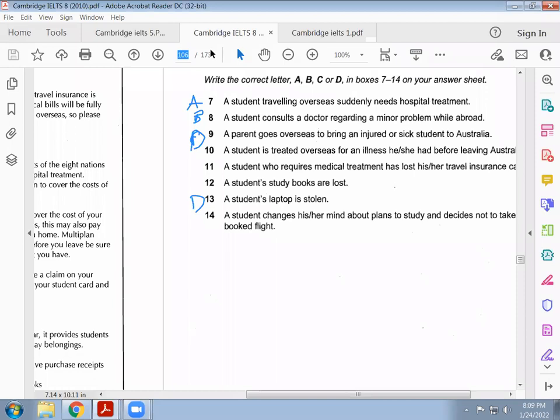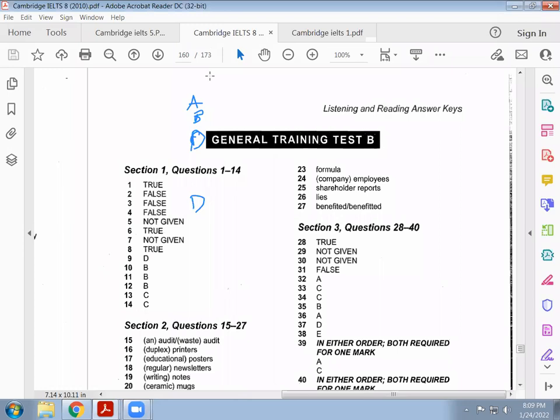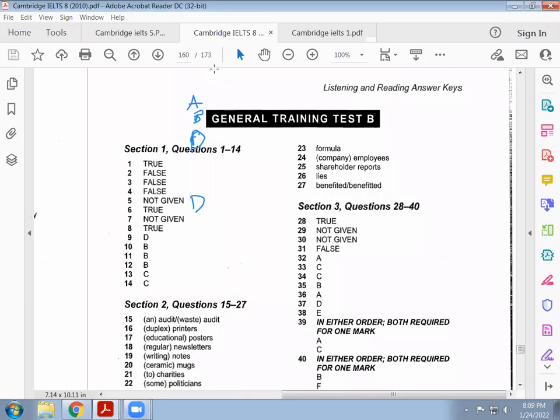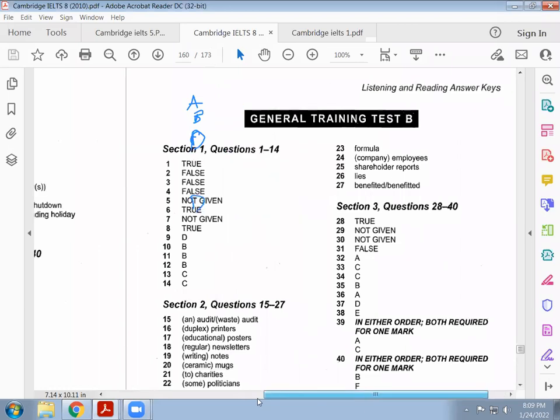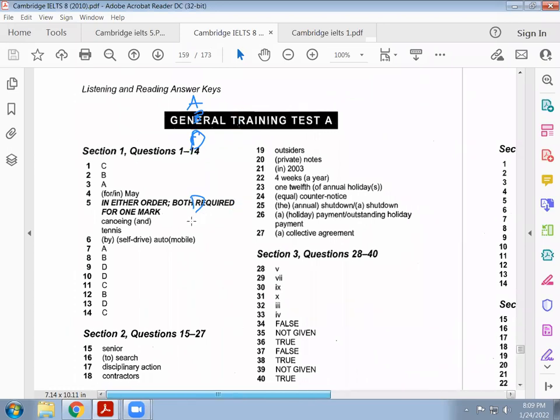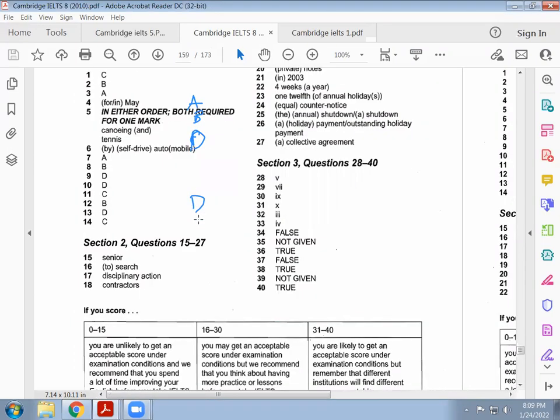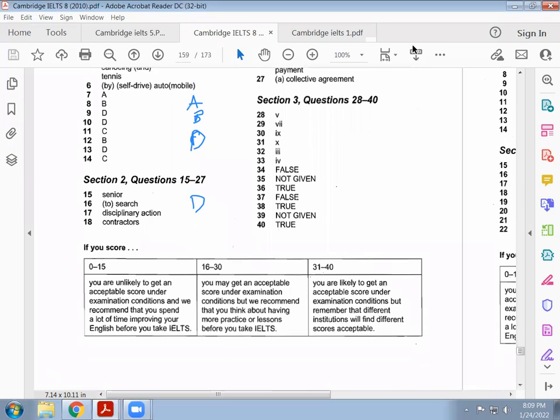You just remember the question numbers. Okay, so it's here. Question number 7, we have done A. 8, we have done B. Then 9, we have done D. Then question number 13, that is D.